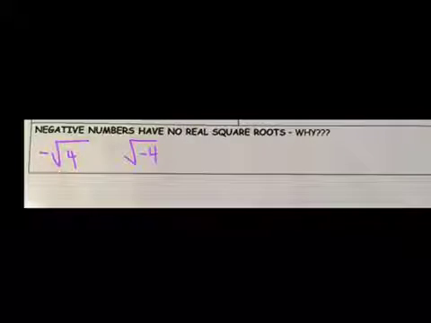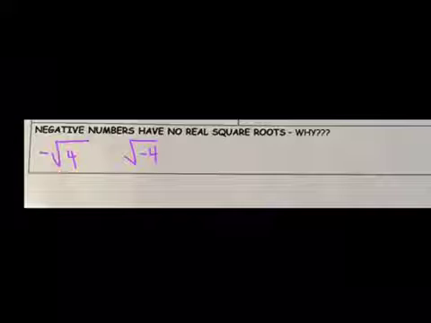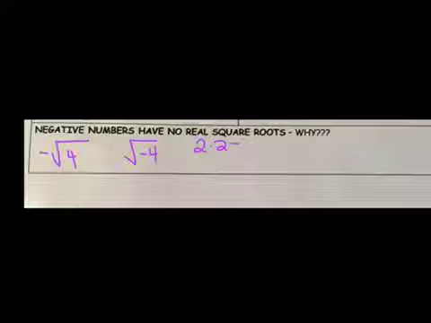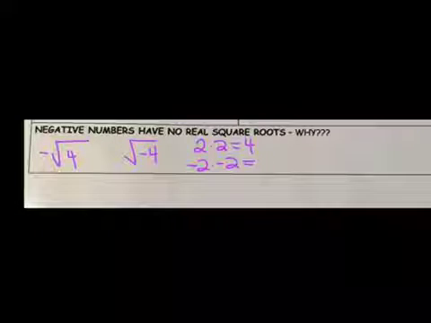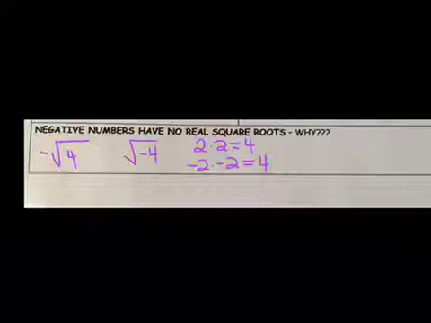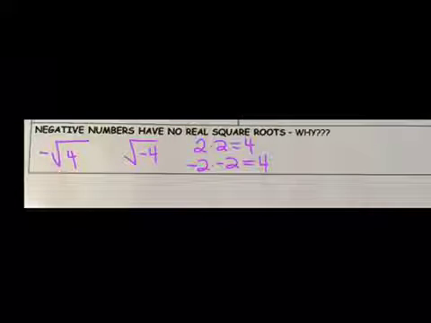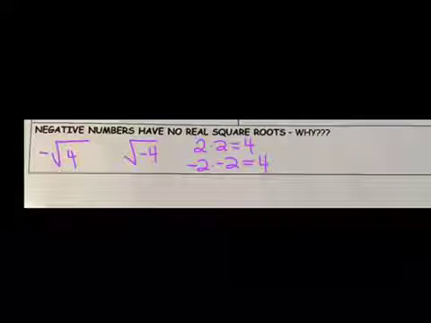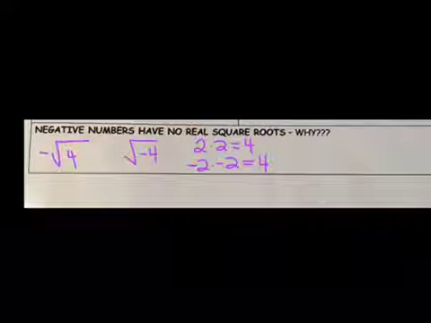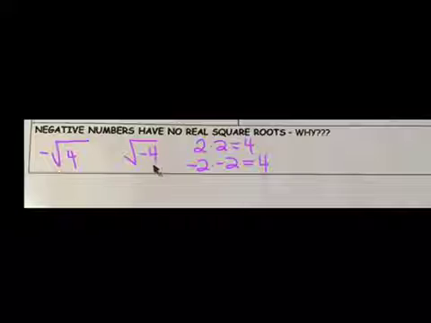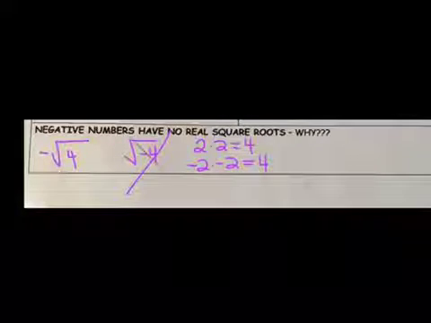You might automatically think of 2, but positive 2 squared gives us 4, and negative 2 squared gives us positive 4. So there's nothing we can multiply by itself that will give us negative 4. So they have no square roots. We can think of this for any number: there's no way to multiply anything by itself to get a negative. So that is not true.